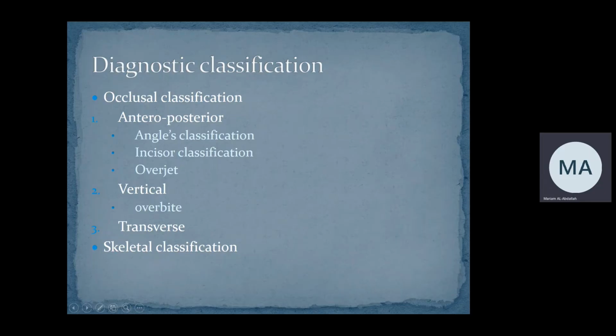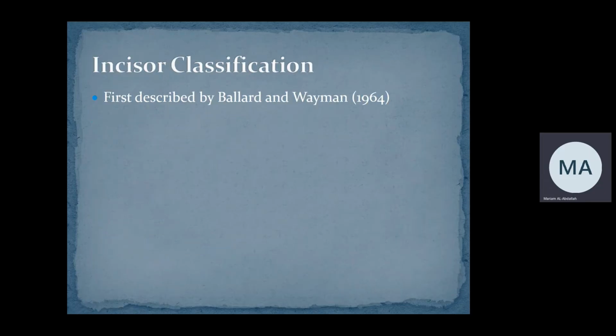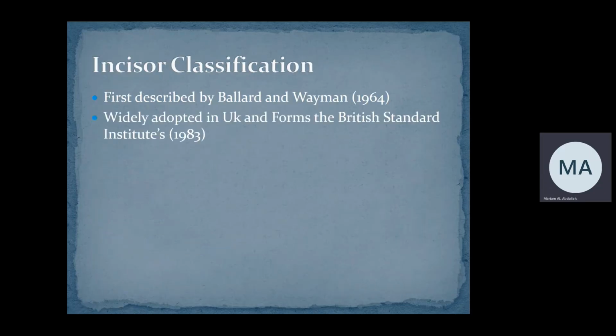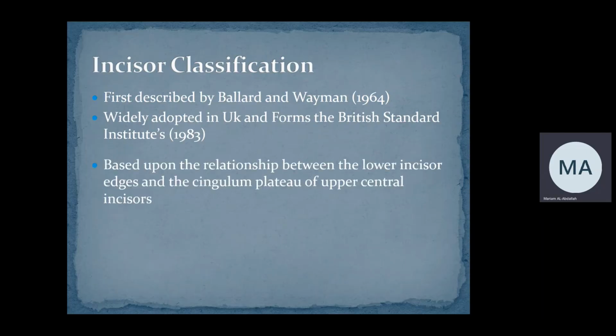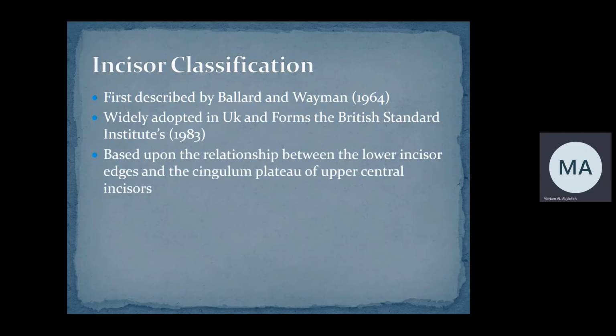Now we'll move to the incisors classification. This was introduced by Pollard and Wayman, but it was adopted and further widely used by the British Standards Institute in 1983. It is describing the anterior-posterior relationship of the upper and the lower incisors, where the lower incisal edge should occlude on the upper central incisor cingulum plateau to call this a class 1 incisors classification.